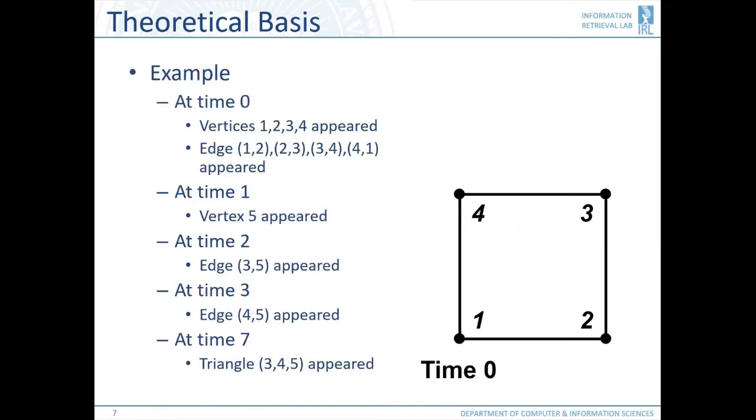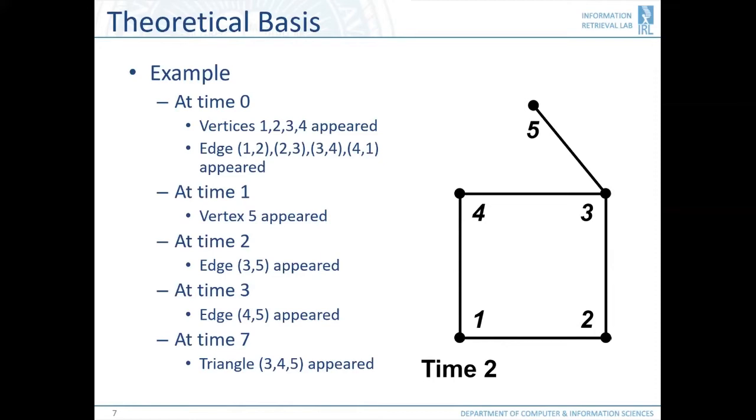Okay, so for example, we have this square at time 0, so vertices 1, 2, 3, and 4 appear, and also the edges 1 to 2, 2 to 3, 3 to 4, 4 to 1 appear at time 0. So this square appears at time 0. At time 1, another vertex, 5, appears above this square.